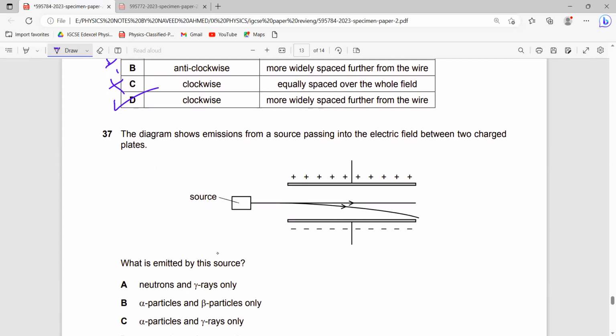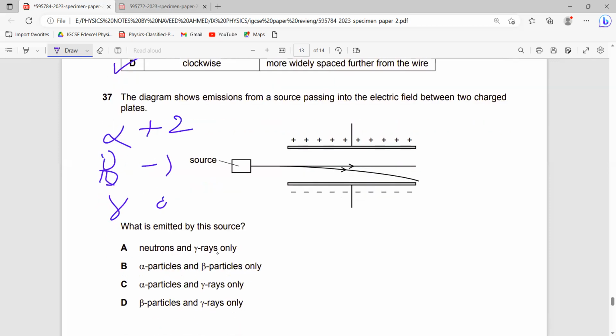We know there are three rays: alpha, which is positively charged, a heavy particle, moves towards the negative; beta, negatively charged, fast moving electrons; and the third one is gamma, that is neutral, uncharged. So what is emitted by this source?